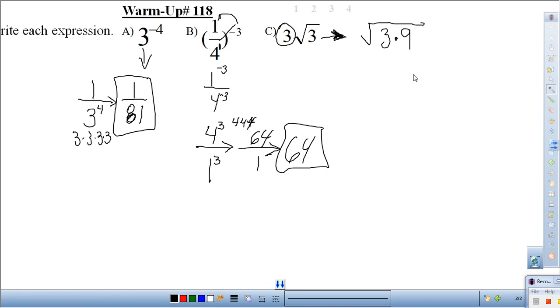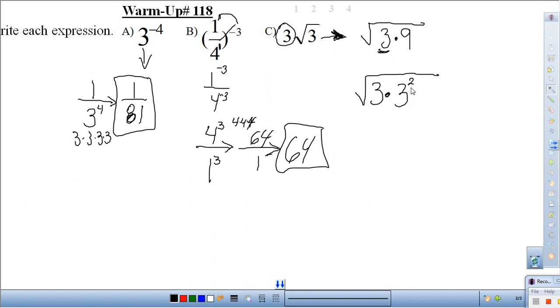Is that correct? Yes? All right. But for the purpose of what we're going to need for today, I'm going to leave this in the same form as this one, base 3. So this is written square root of, we got 3 times, how can we write this with the same base? 3 to the what? To the 2nd power.